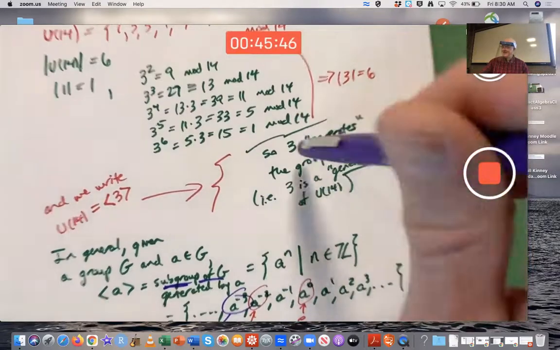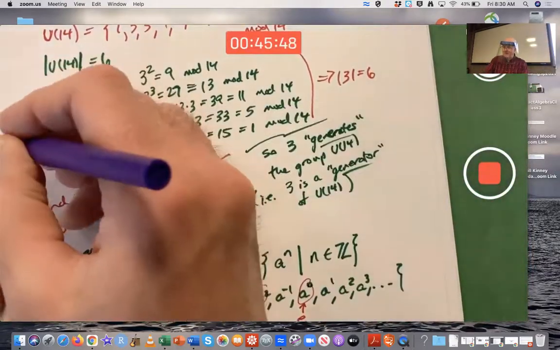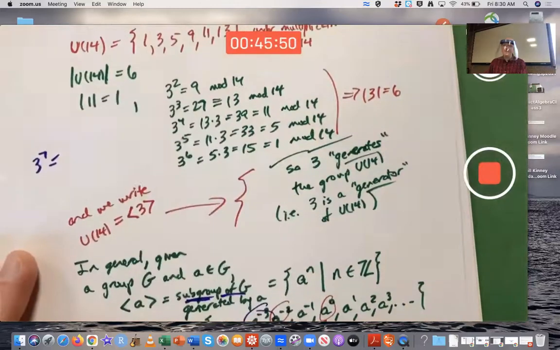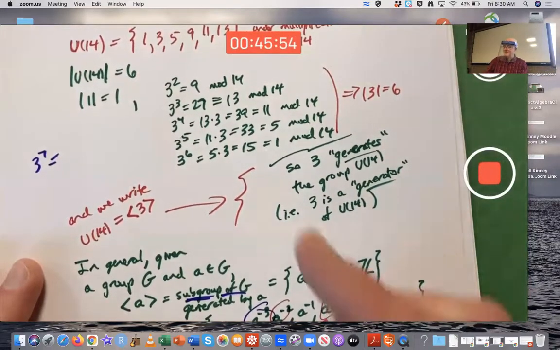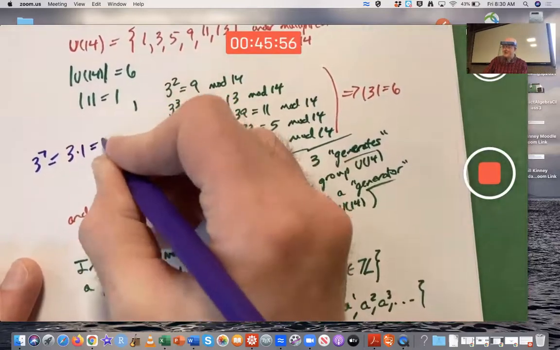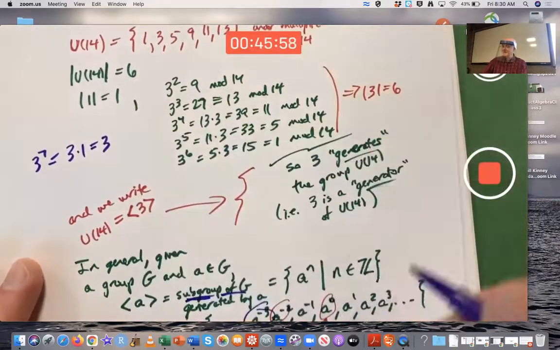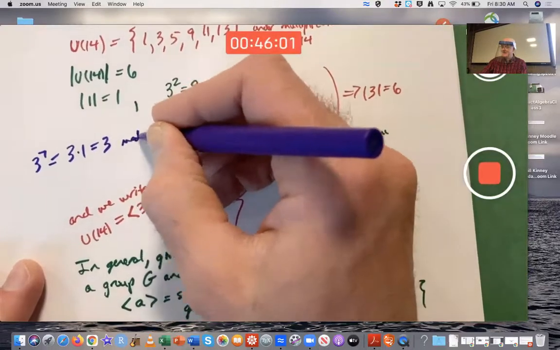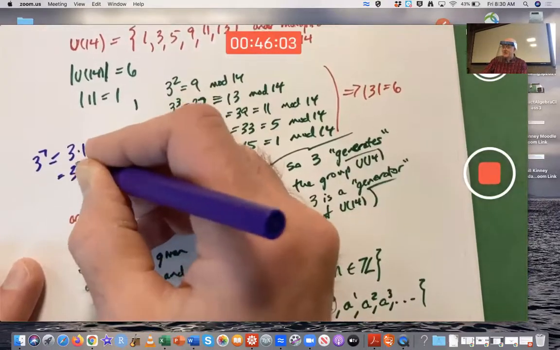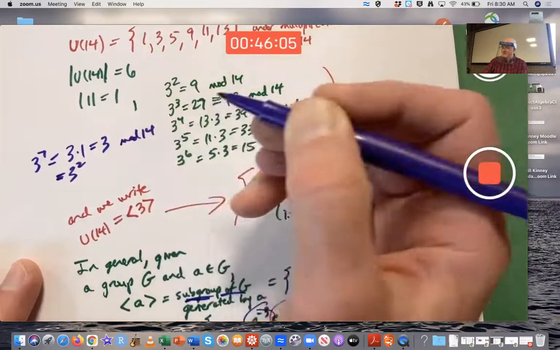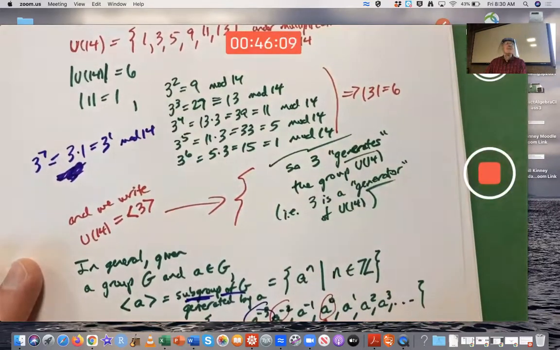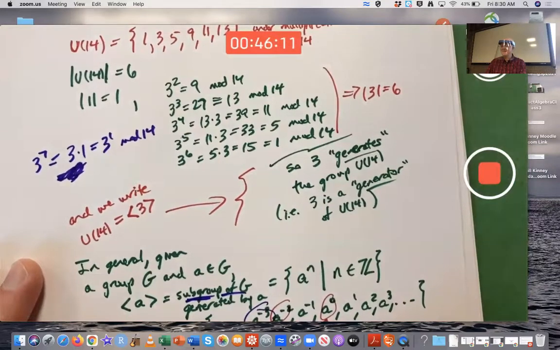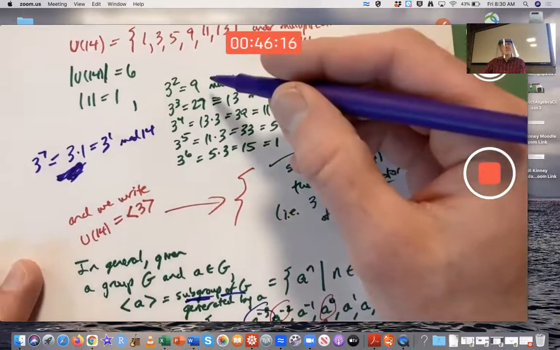It would repeat. If we did 3 to the 7th power, that's the same as 3 times 1 is 3, mod 14. That's the same as 3 squared. Or excuse me, 3 to the 1st power. And 3 to the 8th would be the same as 3 squared.